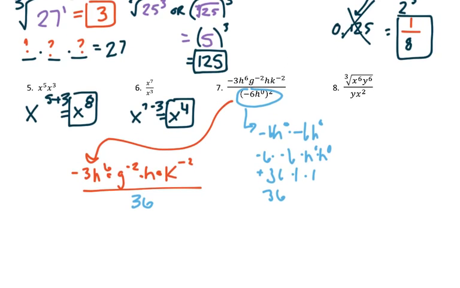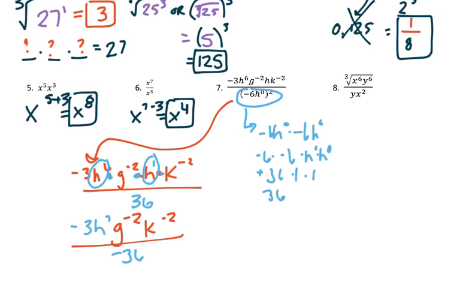So if we simplify that a little bit, I'm trying to find any of the h's that might go together. So notice there's an h to the 6th and an h to the 1 that we could put together, which means that we'd really have negative 3h to the 7, because they are multiplied, everything on top here, but still have g to the negative 2 and k to the negative 2.